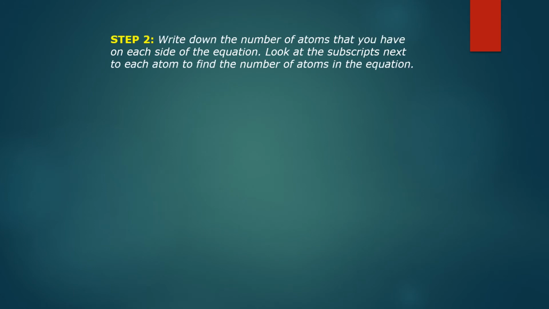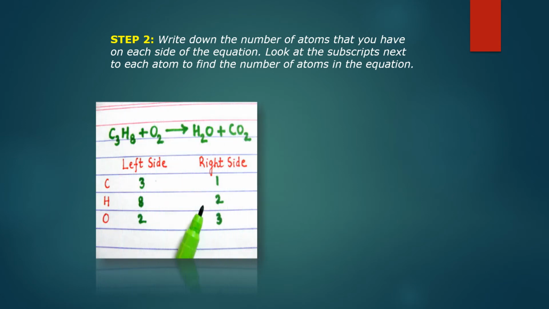After writing down the equation, what should we do now? Write down the number of atoms that you have on each side of the equation. Look at the subscripts next to each atom to find out the number of atoms present. These are the subscripts. What you have down below in the atom are called the subscripts.